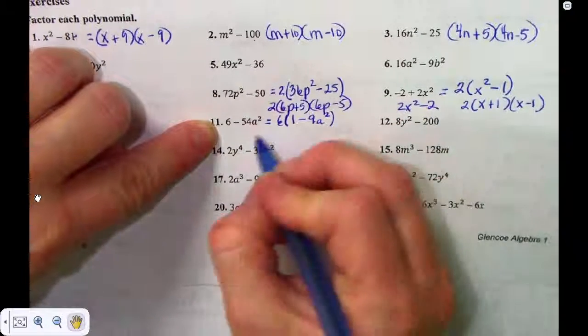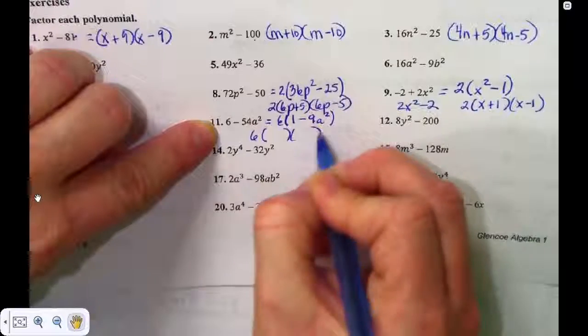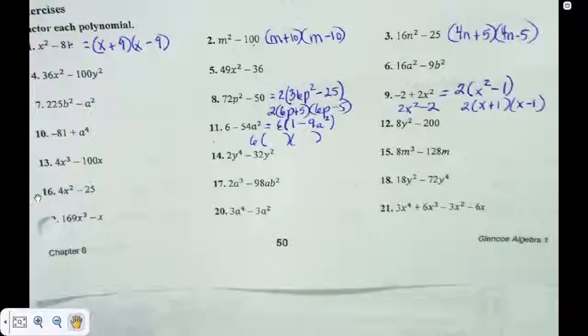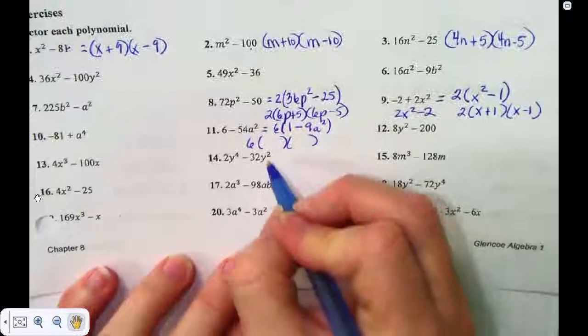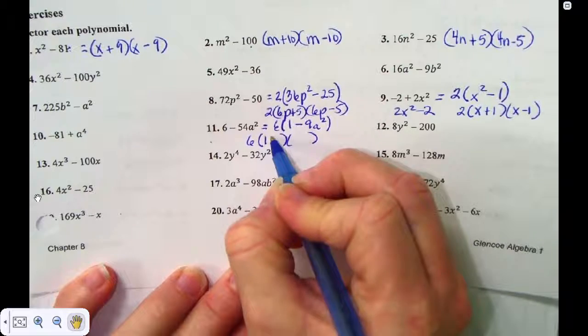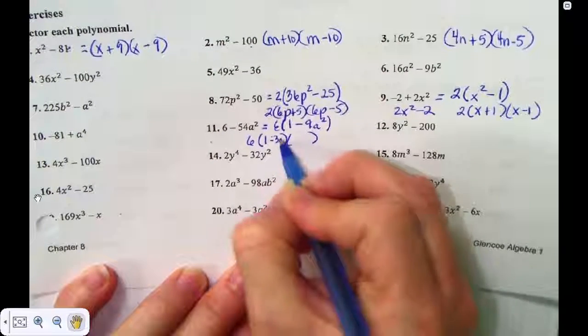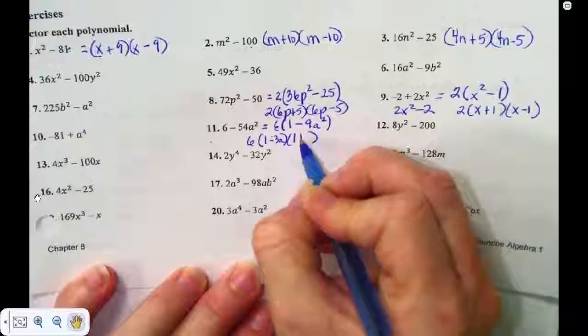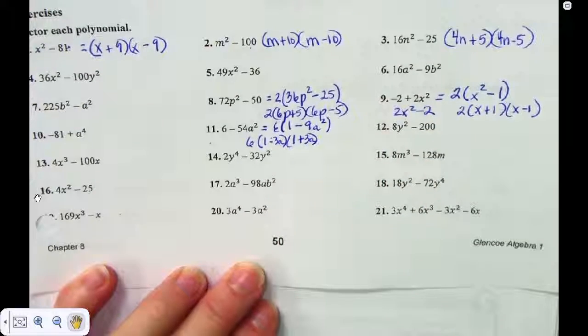Okay? So what's going to go here? 1 minus 3a and 1 plus 3a.